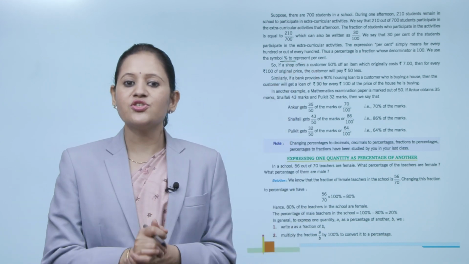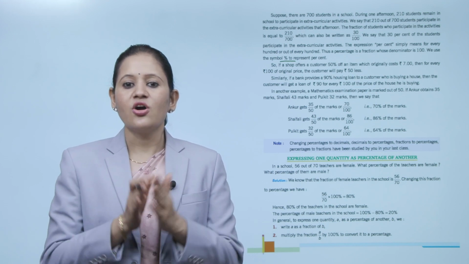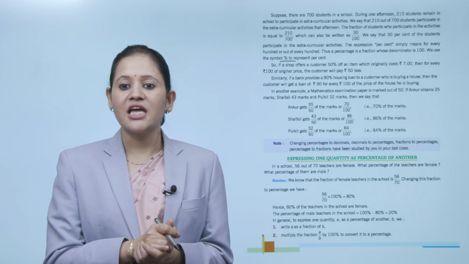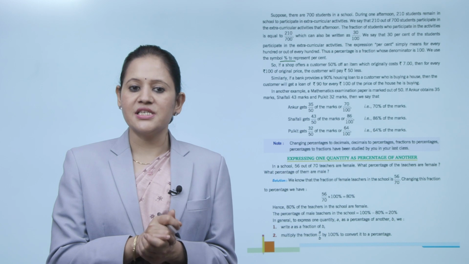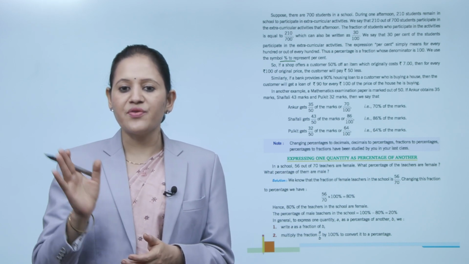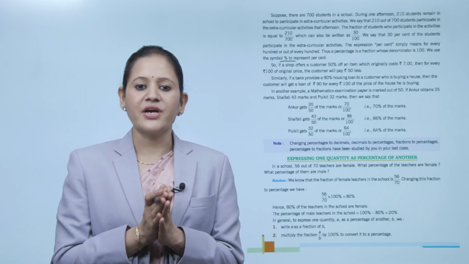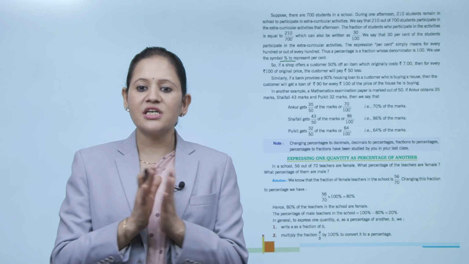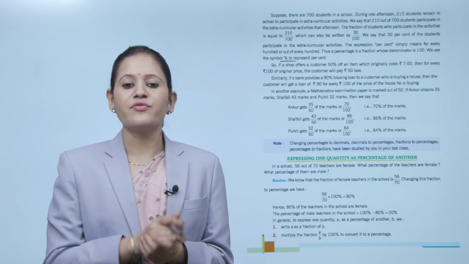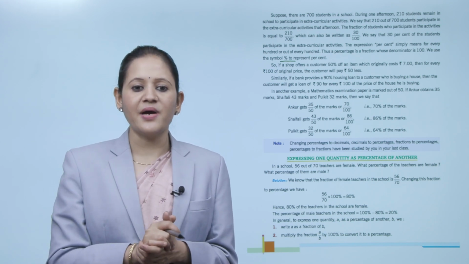So, if a shop offers a customer 50% off an item, then for every ₹100 of the original price, the customer will pay ₹50 less, because they are giving a 50% discount. Similarly, if a bank provides a 90% housing loan to a customer who is buying a house, then the customer will get a loan of ₹90 for every ₹100 of the price of the house he is buying.